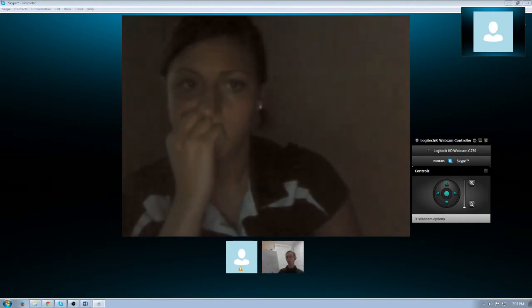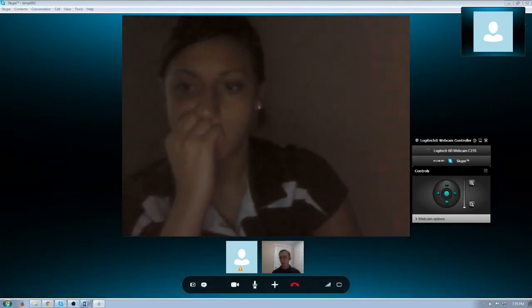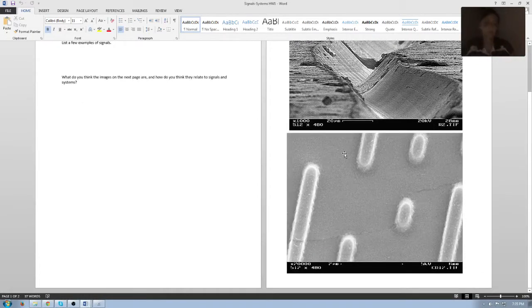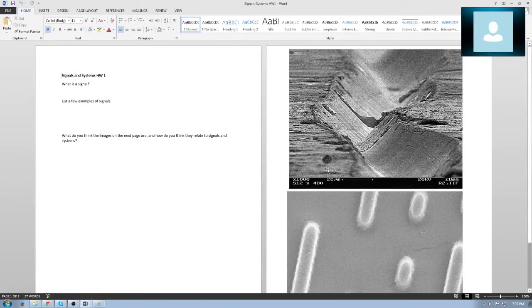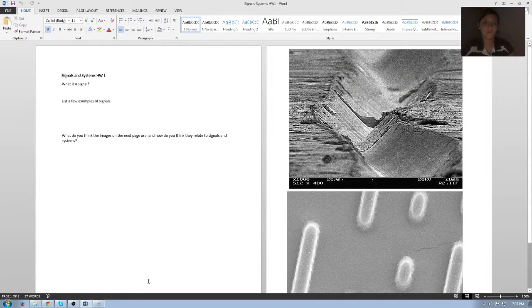So it's pretty much what you hear is what's happening. And that actually brings me back to the problems that I gave you. Those two pictures are electron microscope representations, and they connect perfectly to what I was just talking about.